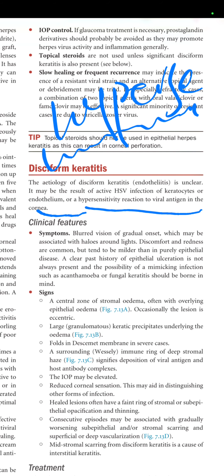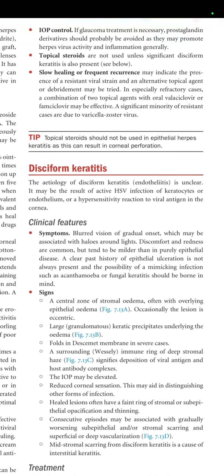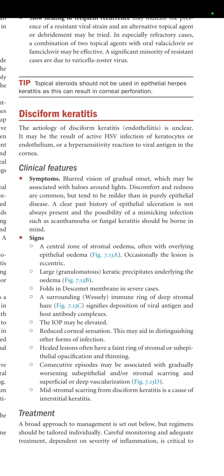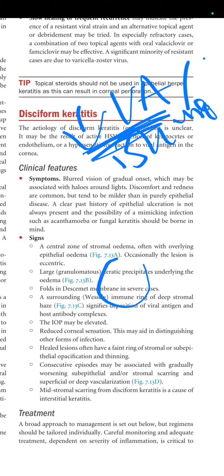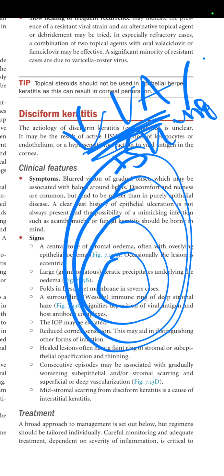Clinical features. So what are the clinical features of disciform keratitis? Blurred vision of gradual onset, which may be associated with halos around light. So one thing, as with epithelial keratitis, it has decreased visual acuity or blurred vision. And when we see light, we see halos, the colors around the light.